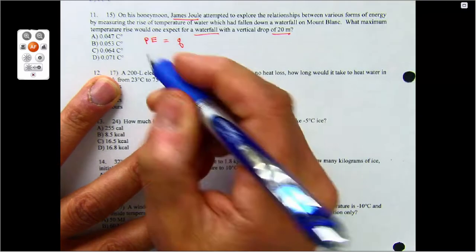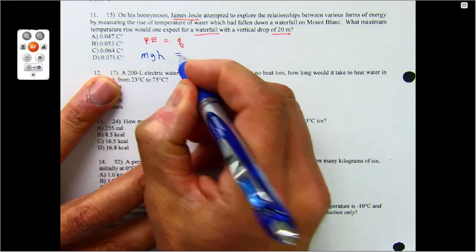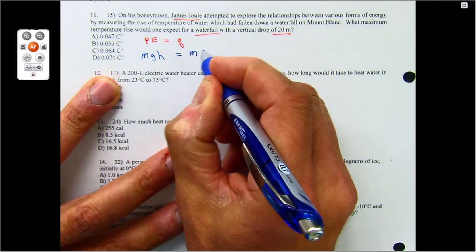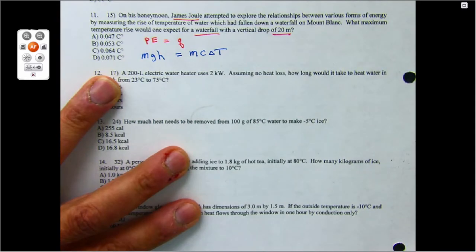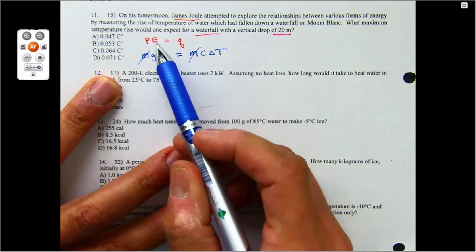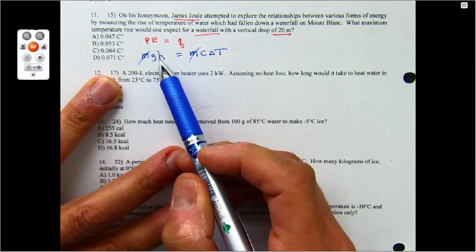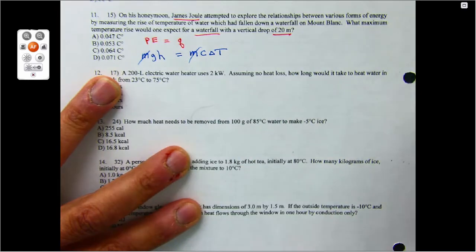And potential energy is mgh, and the amount of heat is going to be mc delta T. We'll cancel out the m's. Now, what units do we always do this in? Potential energy is always in joules.